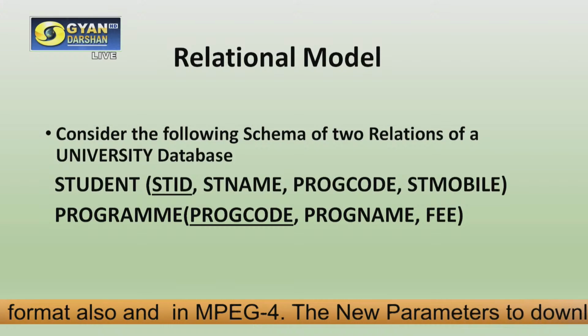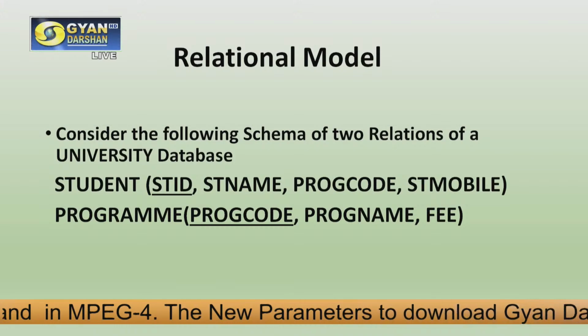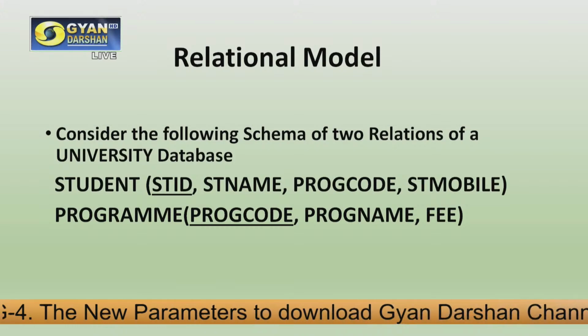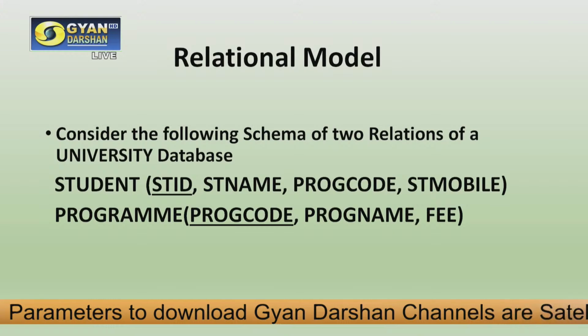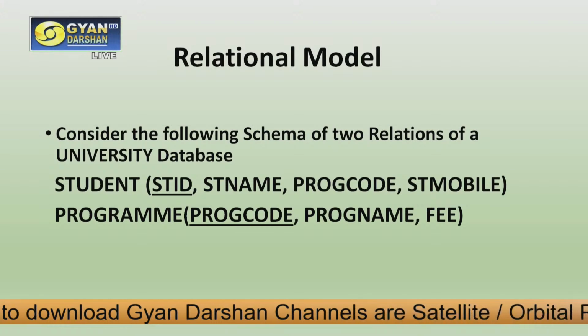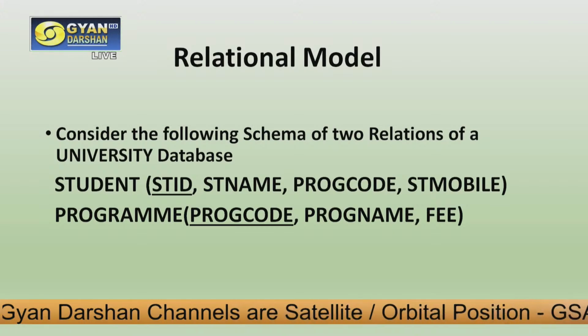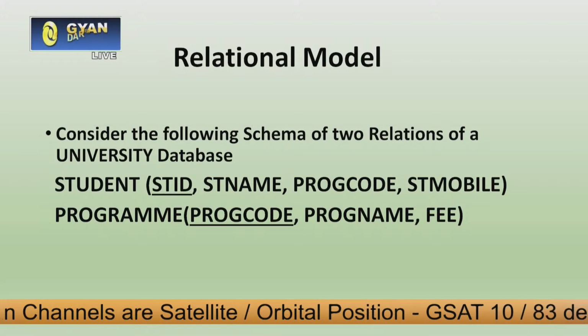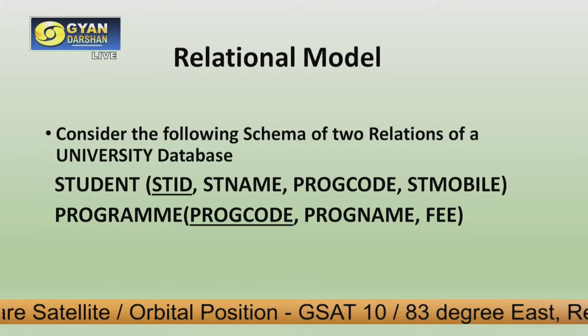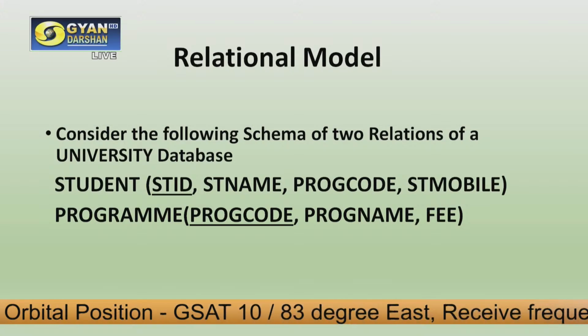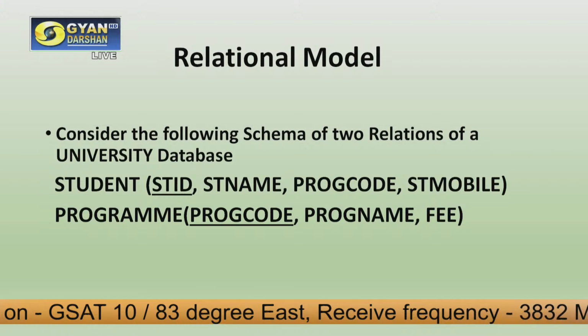Actually, the attribute naming is also based on a certain convention, that it is basically the first 4 letters of the name of the schema followed by the name of the attribute. But that depends from industry to industry. The purpose is to explain this particular thing.